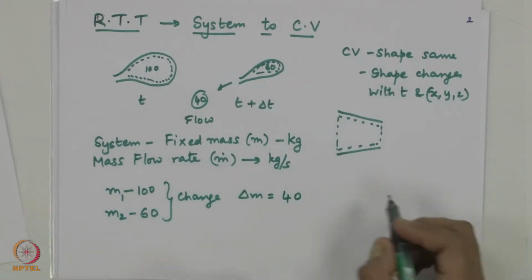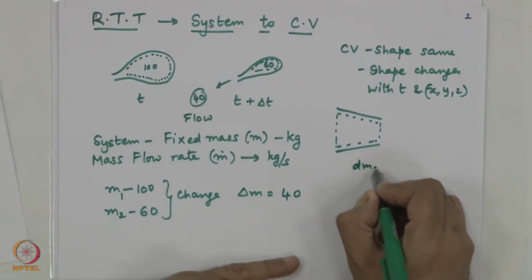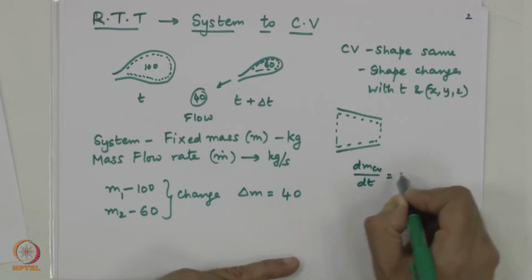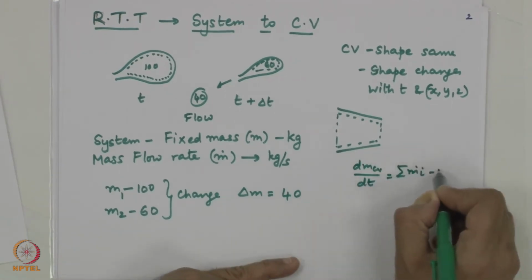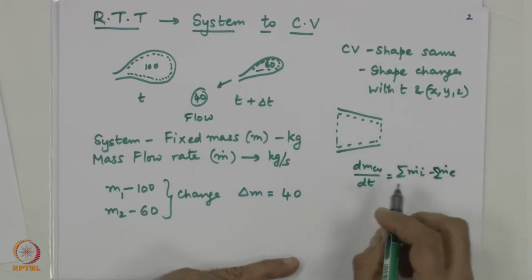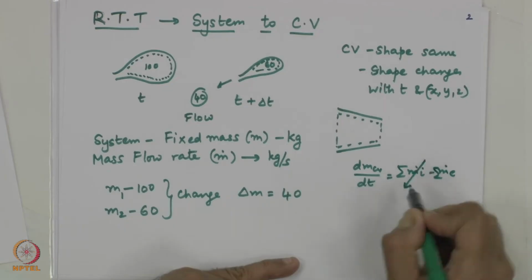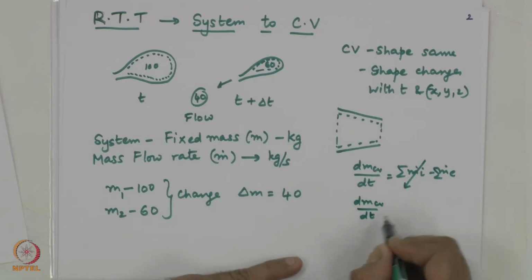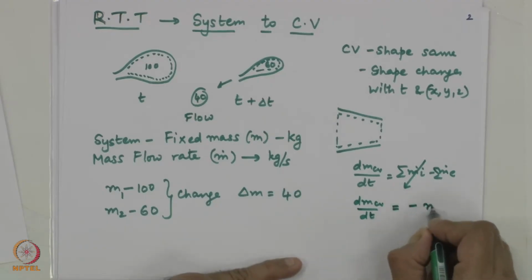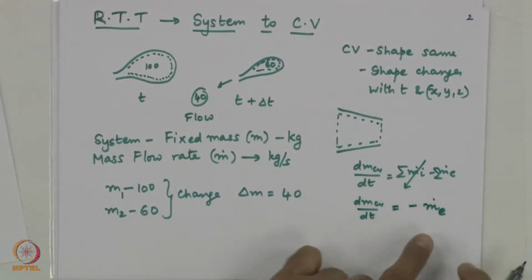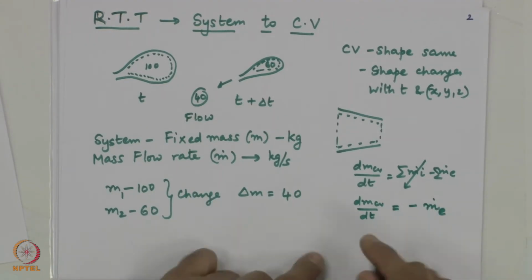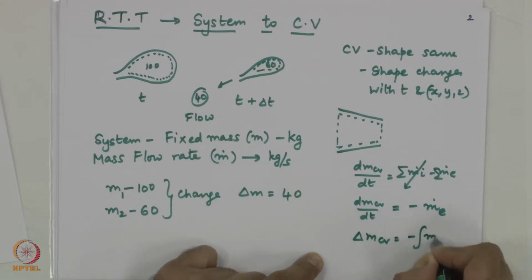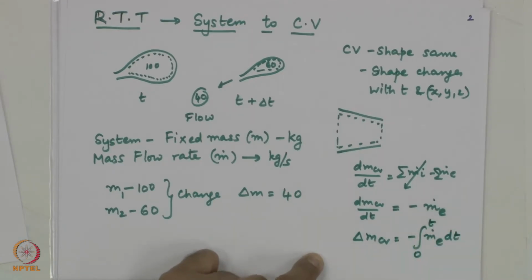If you write your conservation of mass, dm_cv by dt is equal to sigma m dot in minus sigma m dot out. Remember this equation. Nothing is coming in, so dm_cv by dt, the rate of change of mass of the control volume, is equal to minus m dot out. Mass is leaving, therefore the change in the mass of the control volume is negative the integral of mass flow rate dt.